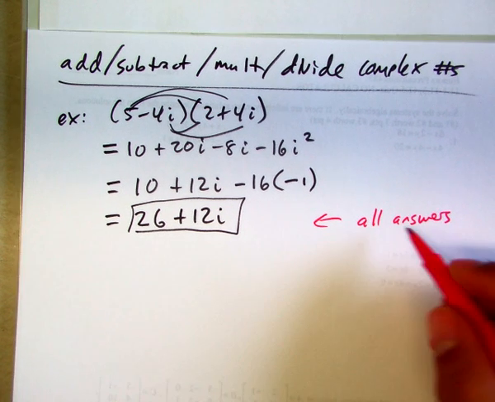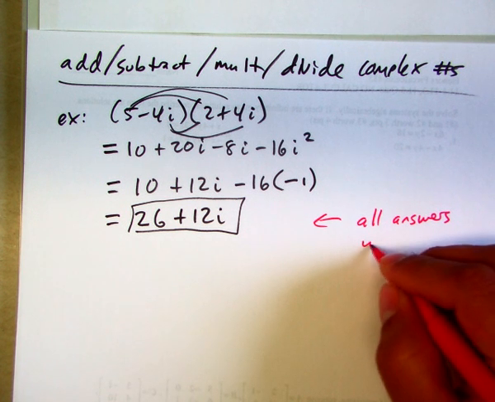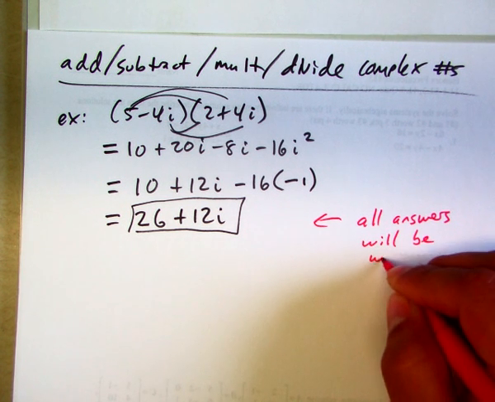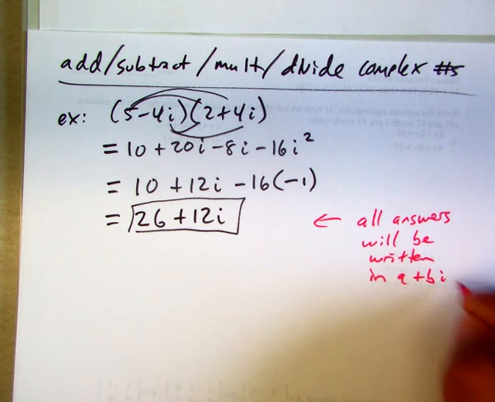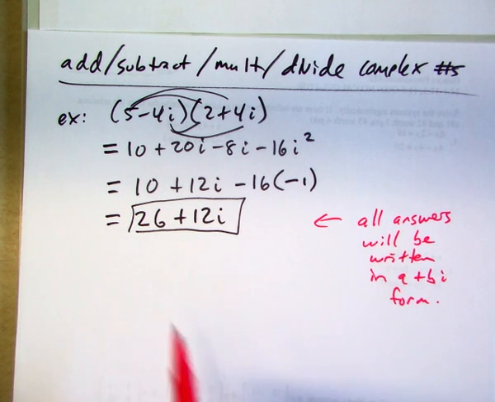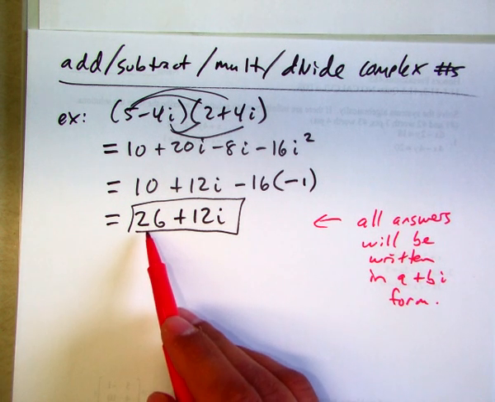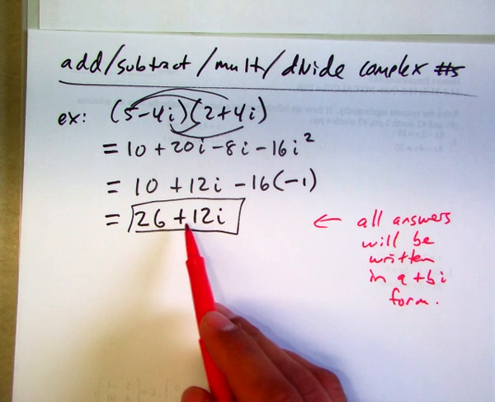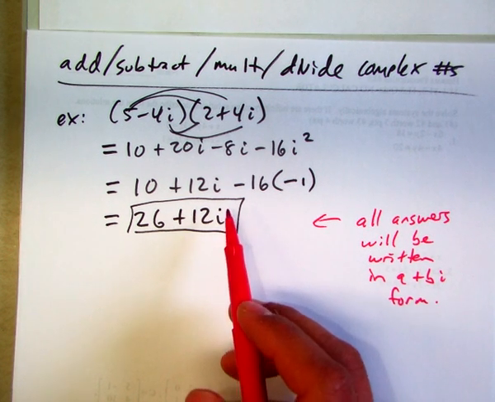And a good side note to write here is that all answers will be written in a plus bi form. So even though we have all these complex numbers doing stuff to each other, adding, subtracting, multiplying, it always boils down to a real number plus an imaginary portion. Does that make sense? Okay. So we're always going to have that format.